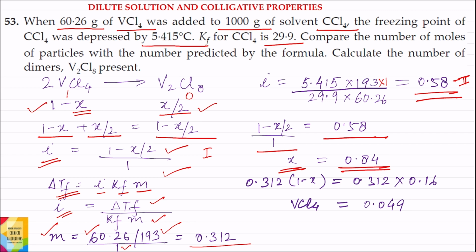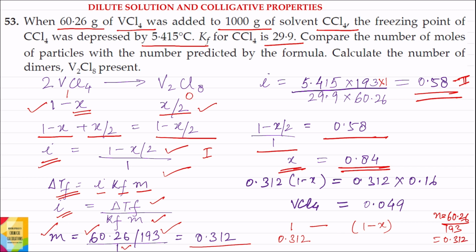When the initial concentration of VCl4 is 1 mole, then amount of VCl4 remaining is 1 minus x moles. और जब initial number of moles of VCl4 है 0.312 moles, moles of VCl4 हो जाएगा 60.26 divided by 193, and this is equal to 0.312 moles.